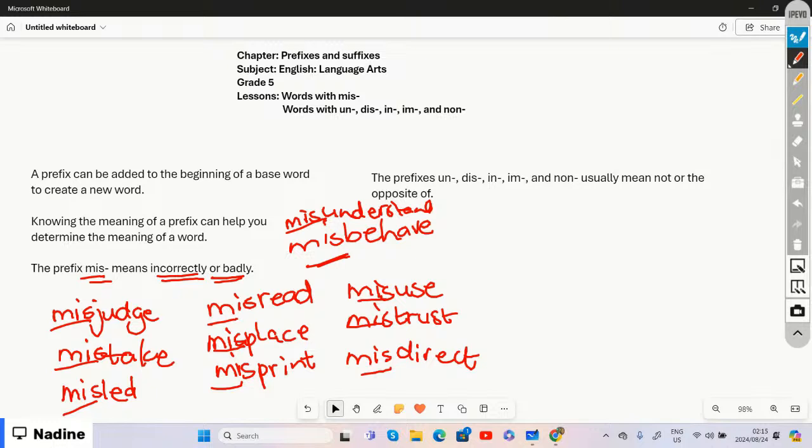All right, and now if we look at the next one, we have prefixes un, in, im, non.